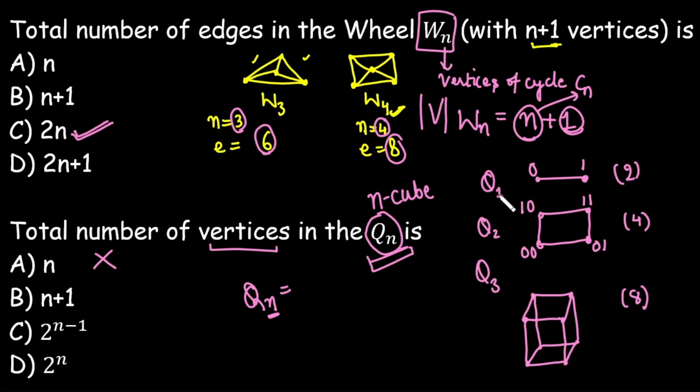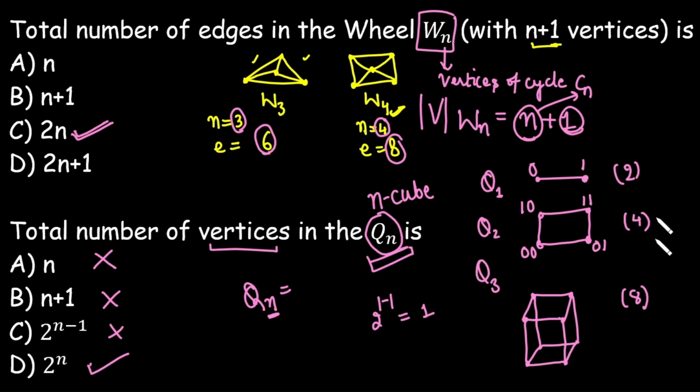N plus 1, it means 1 plus 1, 2. It is satisfying this one. What about Q2? Is that 2 plus 1? No, that is 4, not 3. With this, 2 raised to power n minus 1: 2 raised to power 1 minus 1 is 1, but the total number of vertices is 2. So discard this. So D is the correct option.